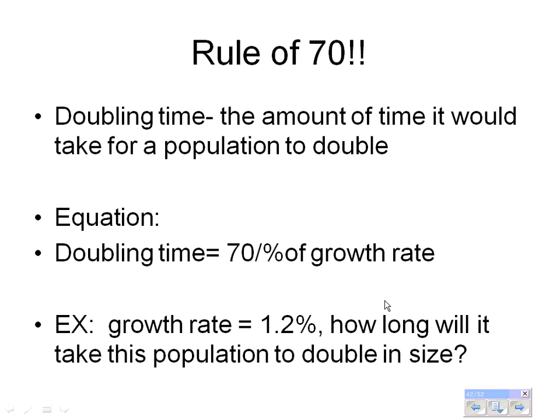Really easy equation. You need to memorize this. They're not going to give you any equations on the exam. But your doubling time is going to equal the number 70, always the number 70, over the growth rate as a percent.